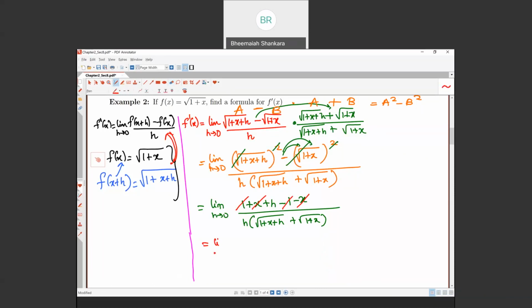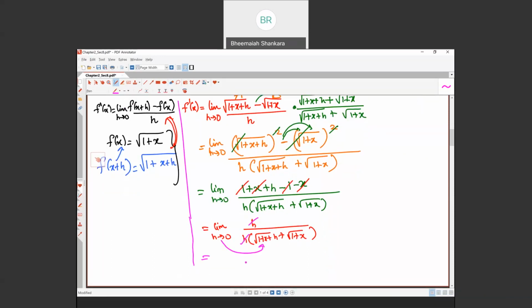as limit h approaching 0. You have h divided by h times the terms in the brackets. Now you have product of terms in the denominator and you have product of terms in the numerator, so you are good to cancel these h. After cancelling h, now you are good to plug in h equal to 0.